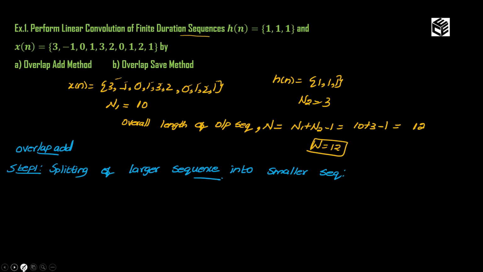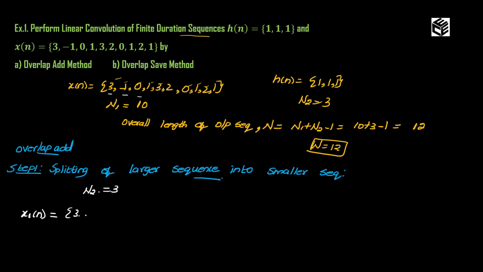Step 1 is splitting the larger sequence into smaller sequences. We are going to split the larger sequence into smaller sequences of length n2. Understood. Now what is n2? The n2 value is 3. Now I am going to split the larger sequence, that is the x of n sequence. The first sequence is x1 of n. My length n2 is 3, so I need to consider the first 3 elements: 3, minus 1, 0.